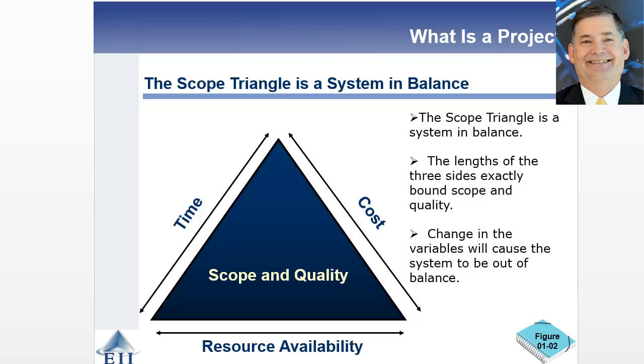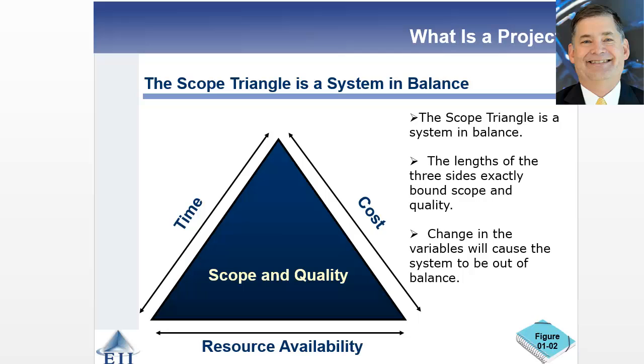I changed the scope, actually. I took some things that were in scope previously out of scope and said, if you get to this reduced scope, then I'll consider the project completed. I did not change the quality of the project, but I also changed resource availability. So I brought more of my people in to help the strategic partner.